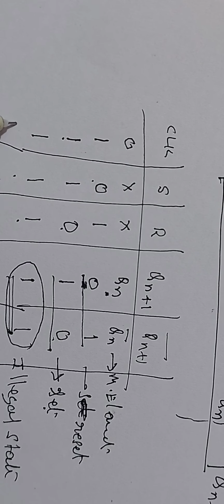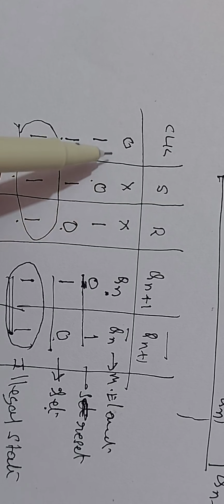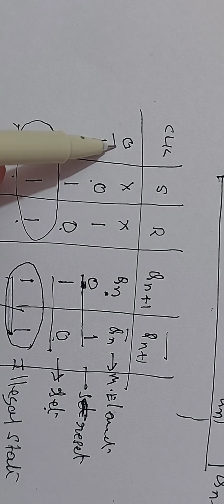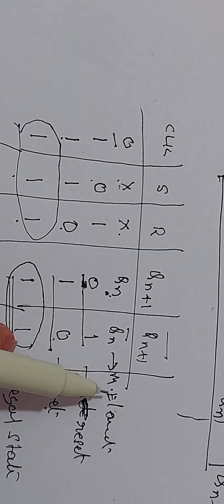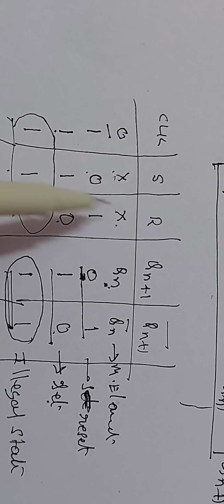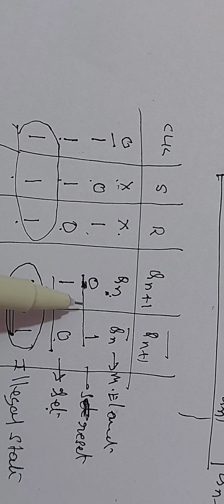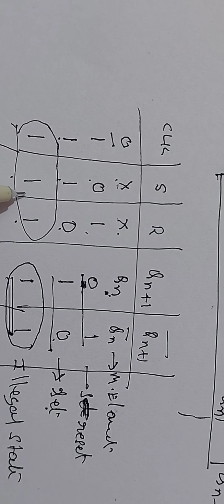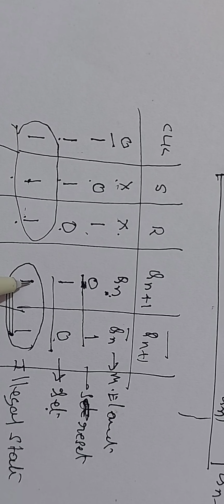So the four states of the clocked SR flip-flop. First state, when clock is 0, whatever S and R are, the outputs are Qn and Qn bar. To set the flip-flop, we make S equal to 1. To reset the flip-flop, we make R equal to 1. The fourth condition, when S equals 1 and R equals 1, the outputs are 1 and 1.